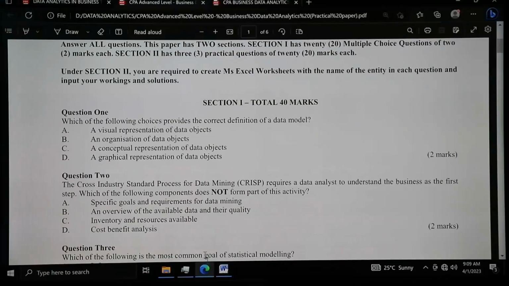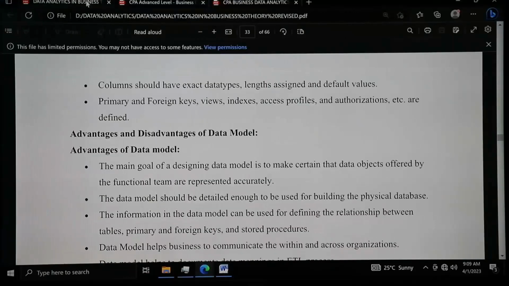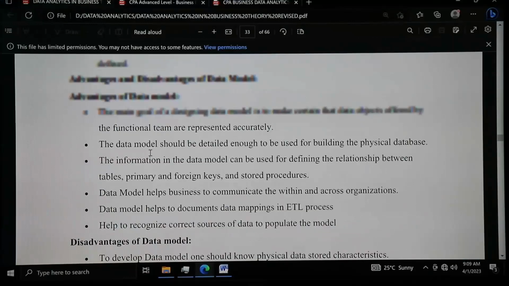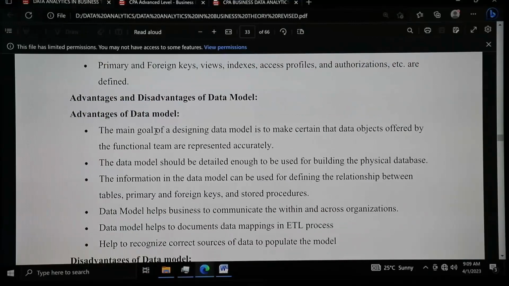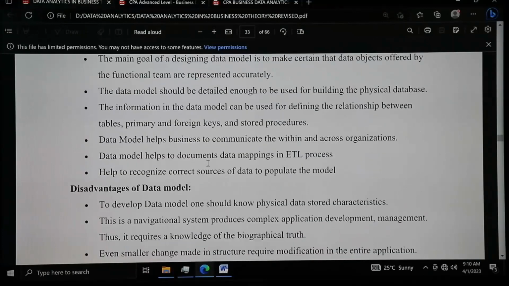Before we finish, our next discussion is the advantages of data modeling. Why do you create data models? We have seen that before you develop the database, you must start with data models. You have to create a model. A model helps you have a clear understanding of how the database will look.